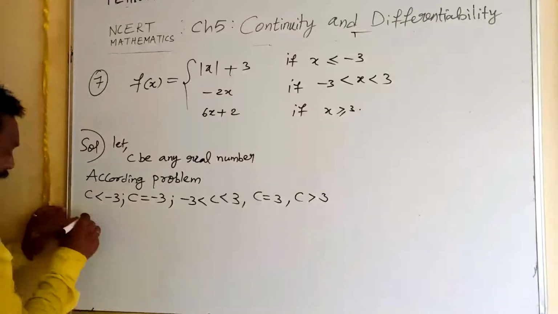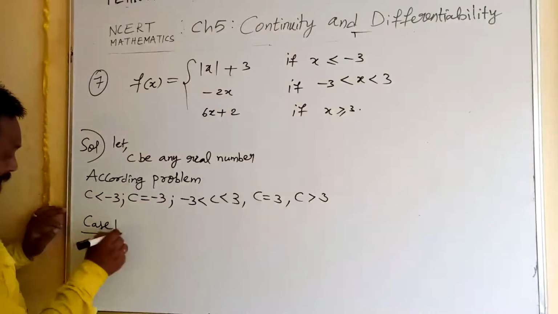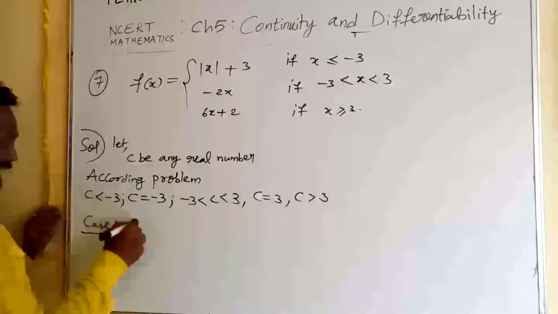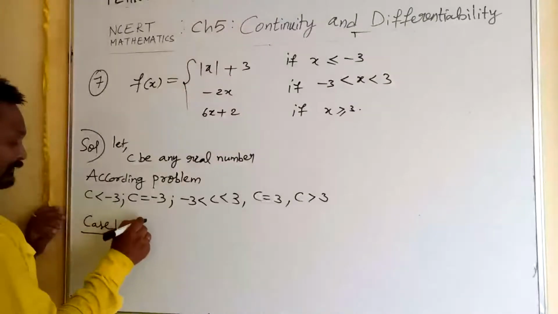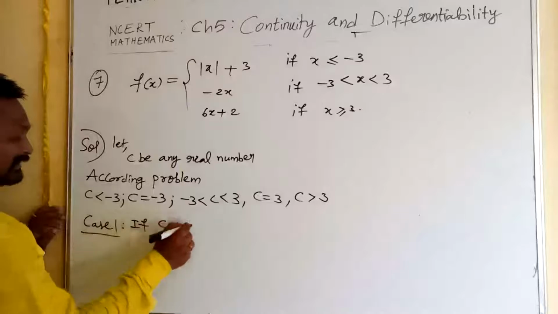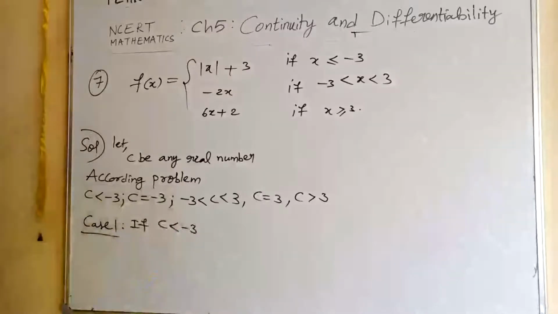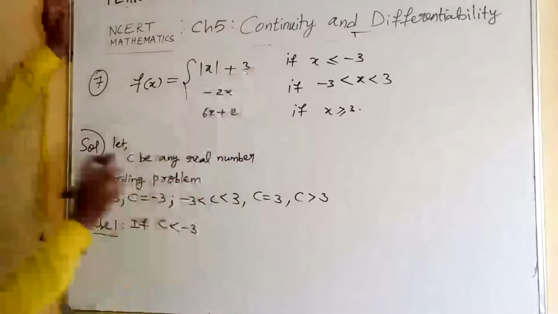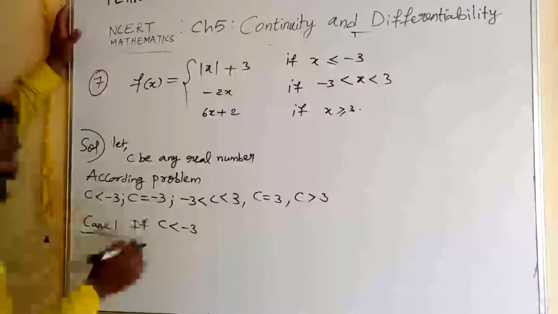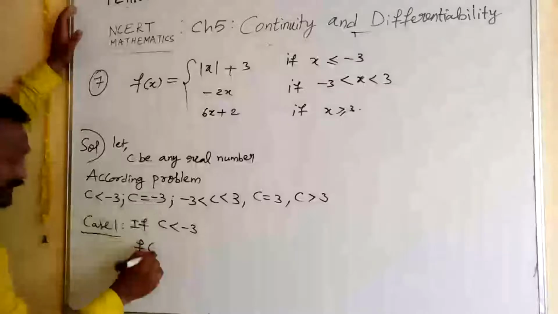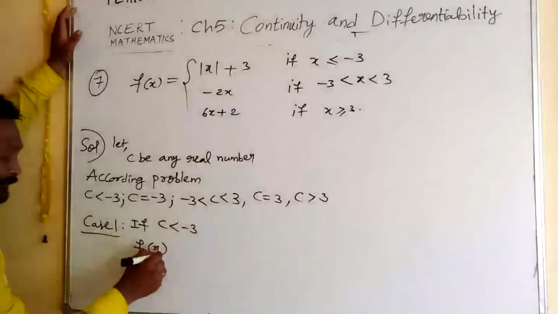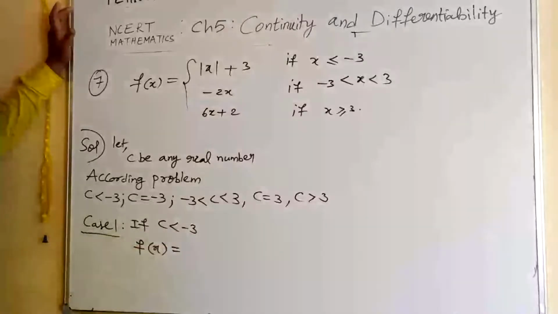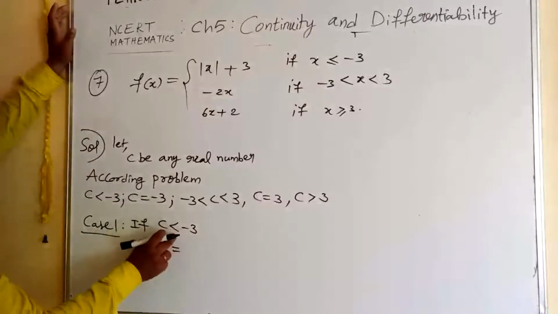So let me check case number 1: if c is less than minus 3. When c is less than minus 3, what is going to be your function? Let us write f of x. f of x is equal to, the less than symbol came.